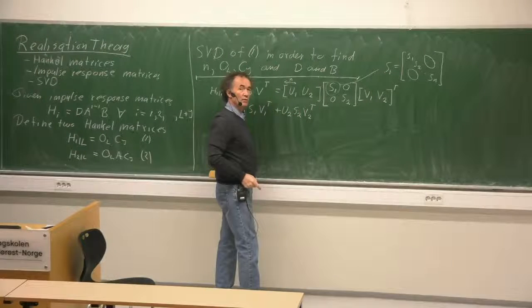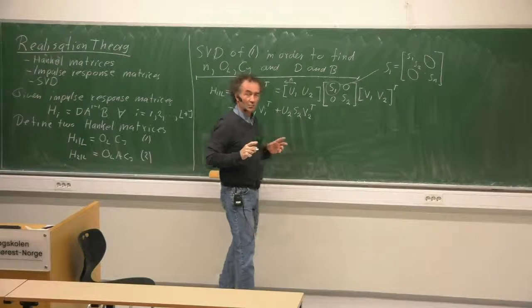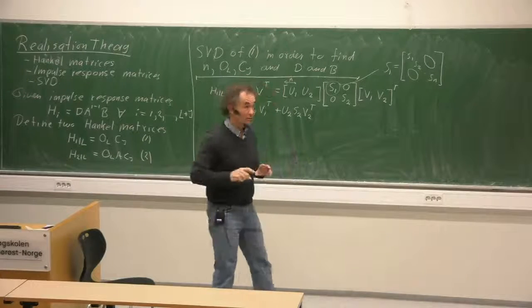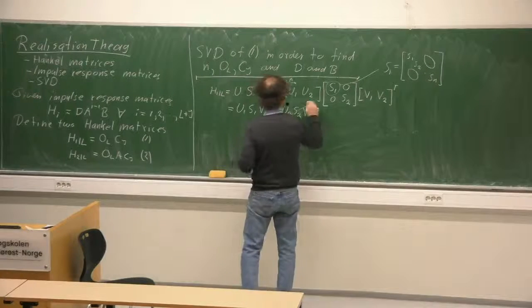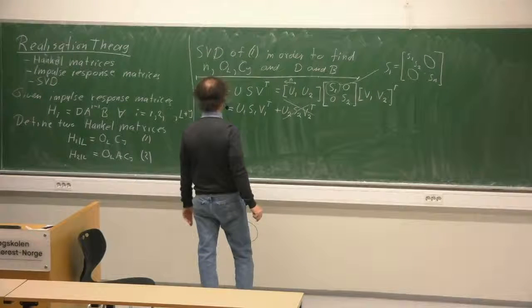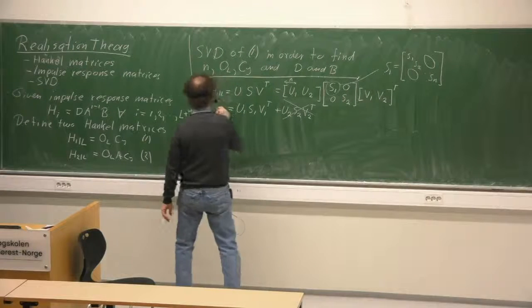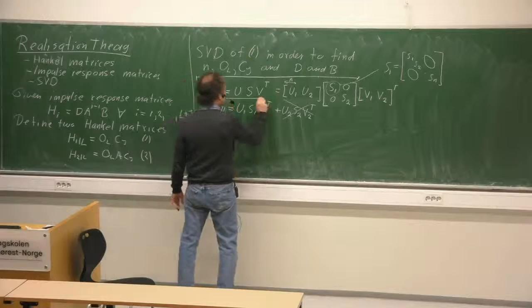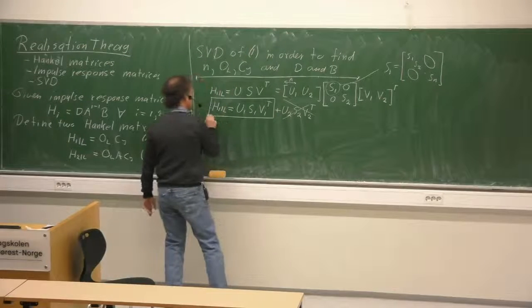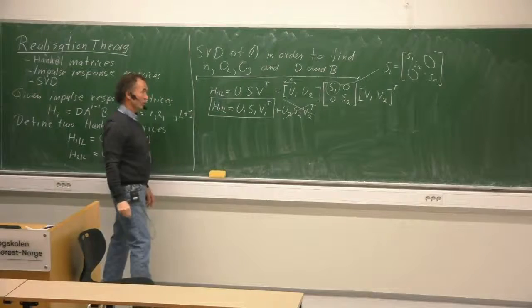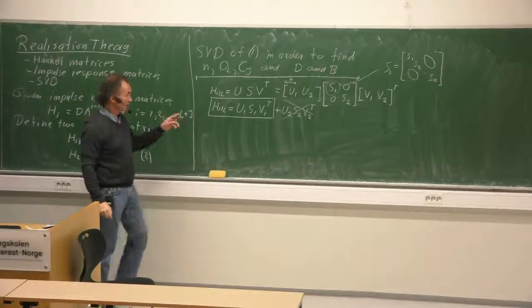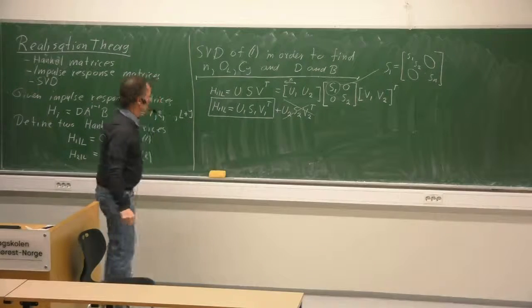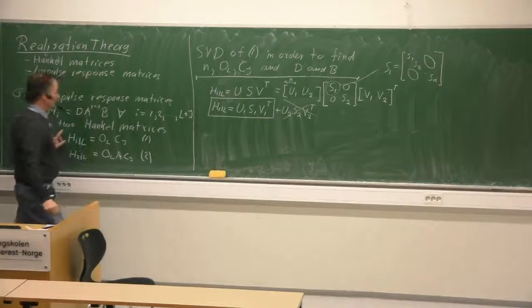Since S2 contains smaller singular values, we neglect this one, and we simply have that this Hankel matrix is approximately equal to this decomposition. Now we can compare with this one.